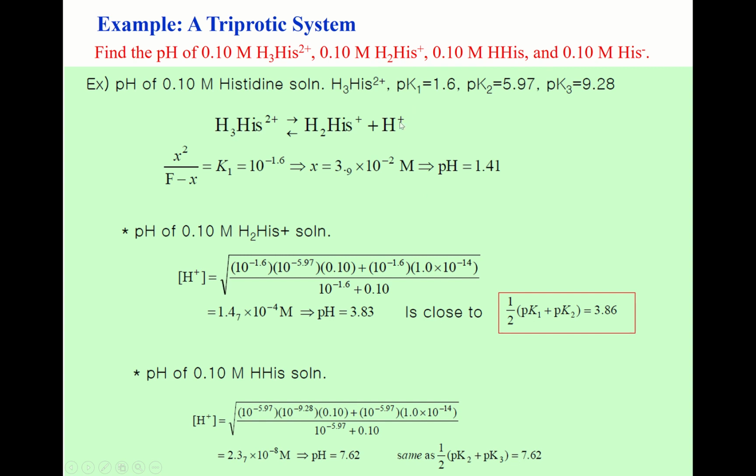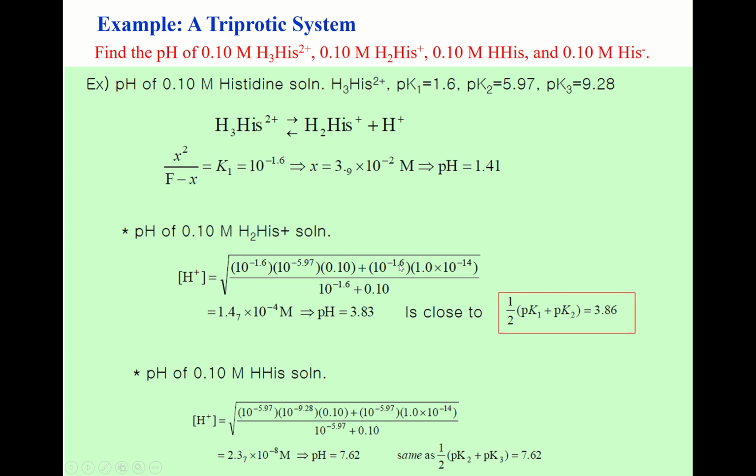So using K1 and K2, we solve this equation like that. Here 0.1 is the formal concentration, the initial concentration of the dihydrogen histidine ion.